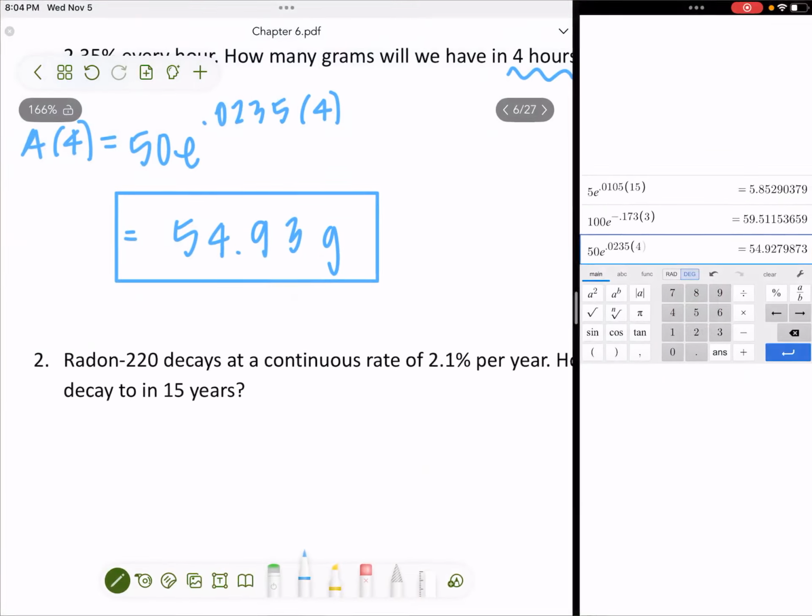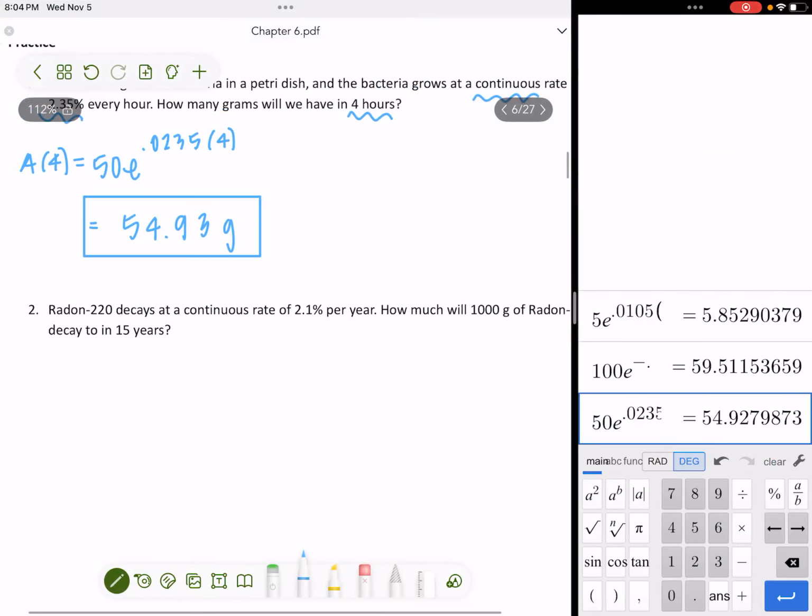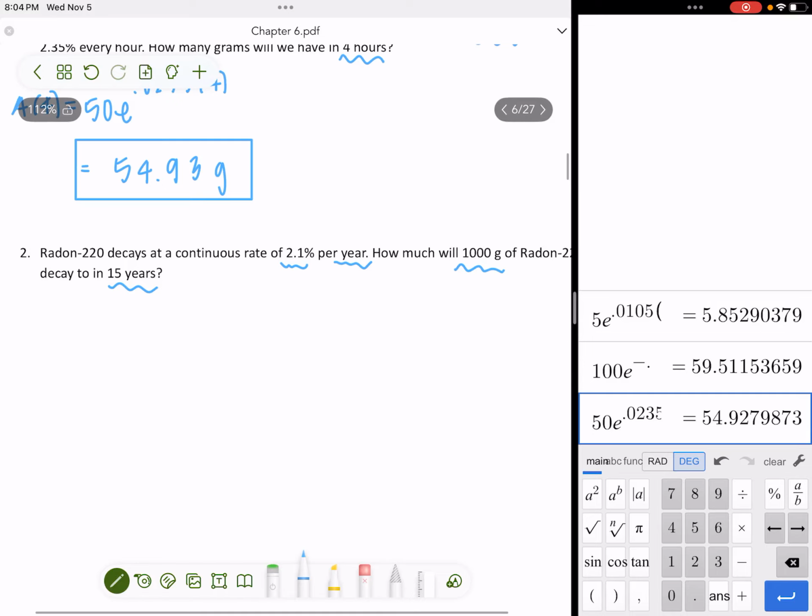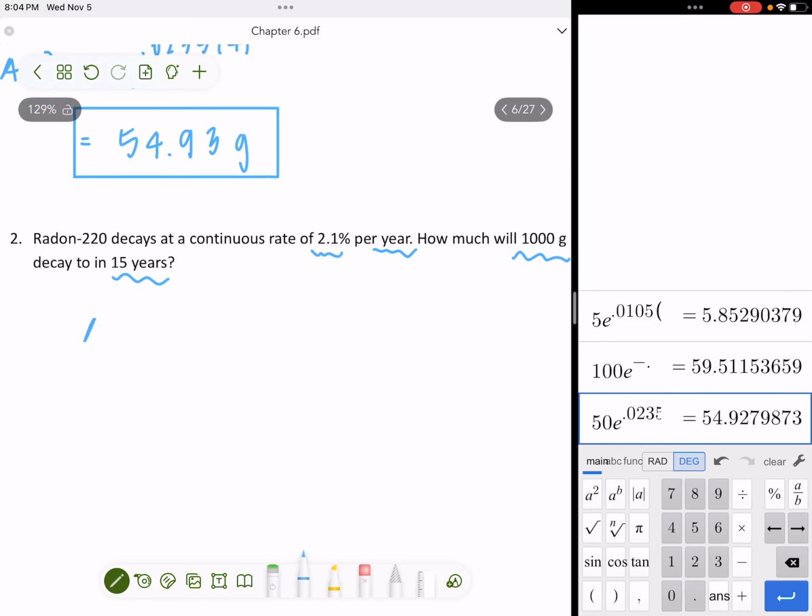Next, that over again. Now we have radon 220. It's decaying at a continuous rate of 2.1% per year. How much will 1,000 grams decay to in 15 years? Let's find out. We have A of 15 equals 1,000 e, this is decay, negative 0.021 times the 15 years that we're interested in.